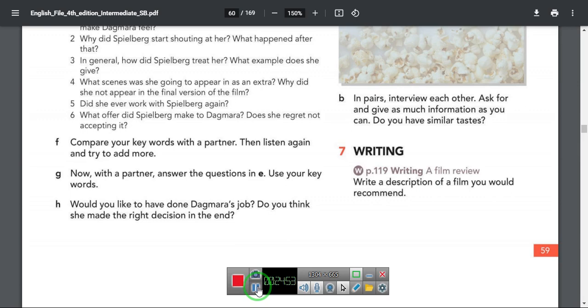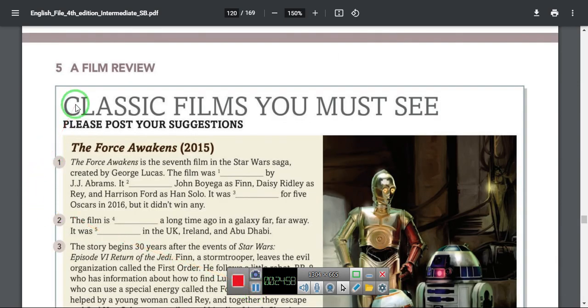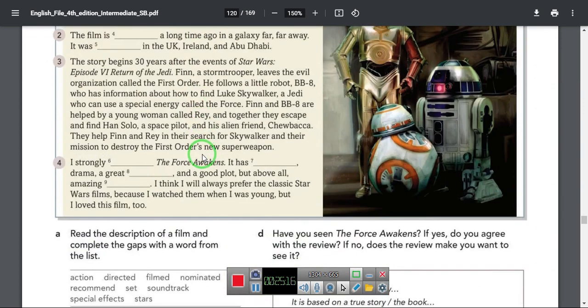Идемте на страницу 119, посмотрим инструкции. A film review, classic films you must see. Please post your suggestions. The Force Awakens. The Force Awakens is the 7th film in the Star Wars saga created by George Lucas, and the film was, and here starts your assignment.